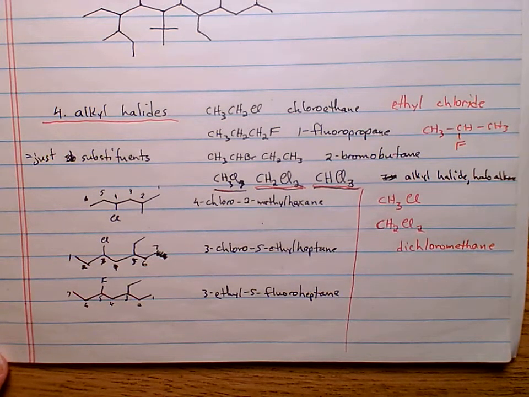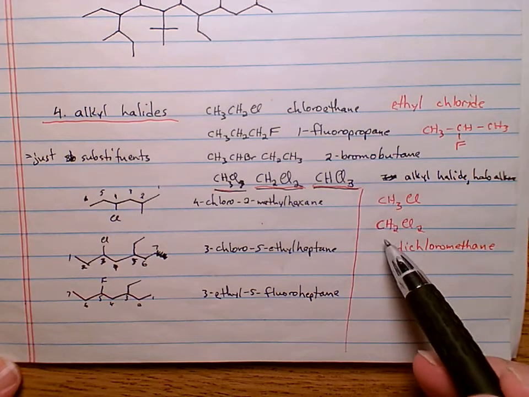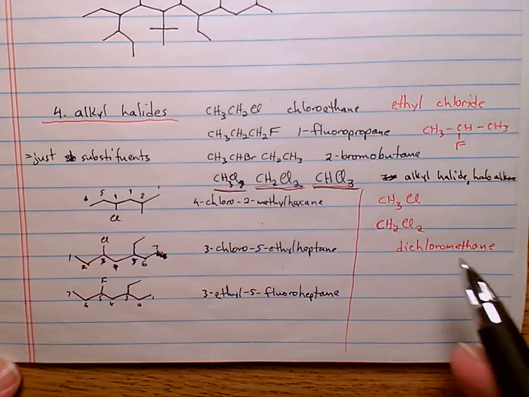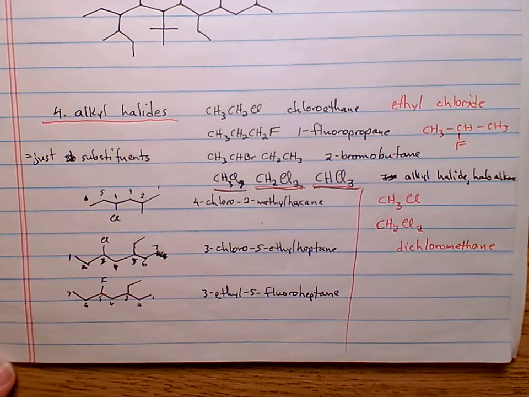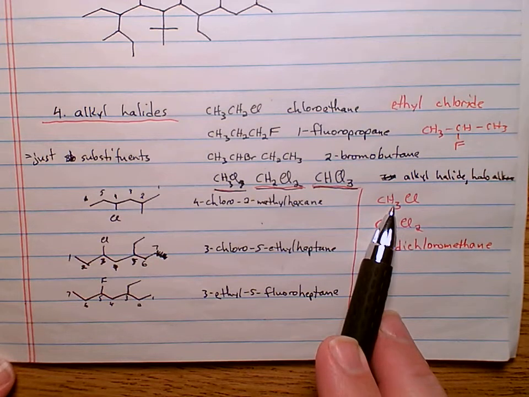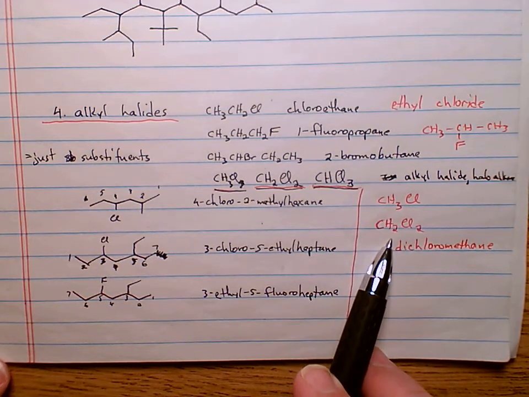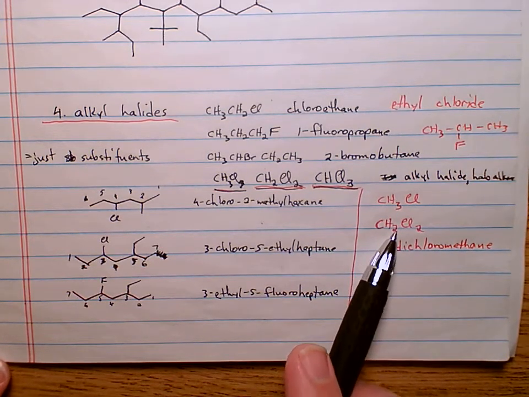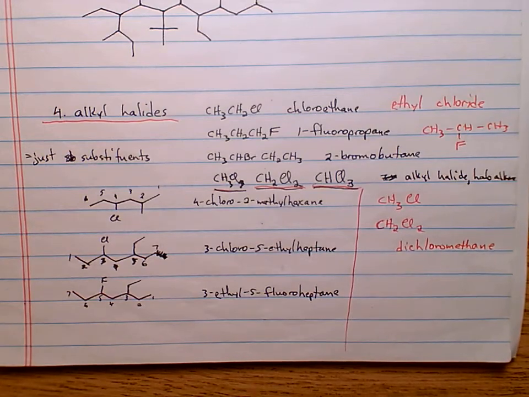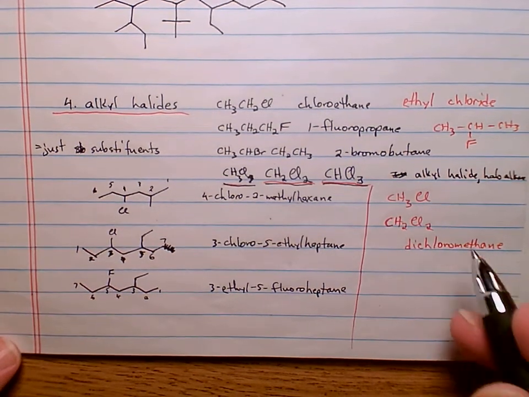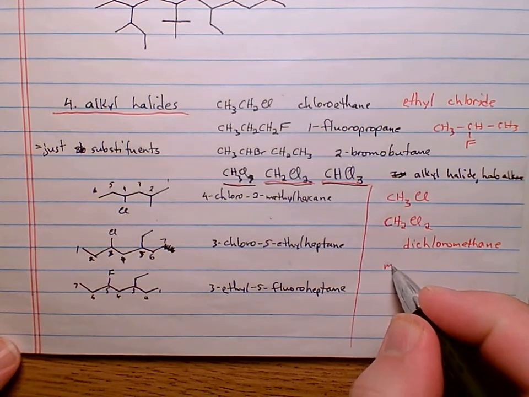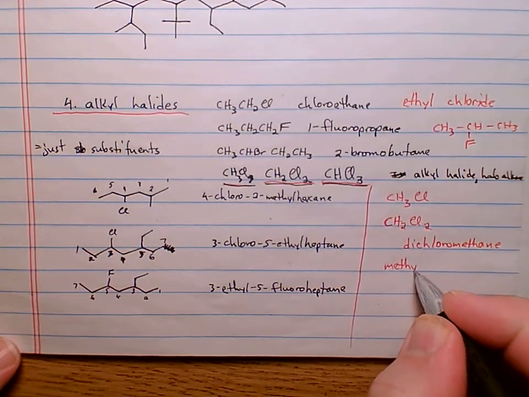The common name for this, in common usage, the CH2 group is called a methylene group. CH3 is methyl, CH2 is methylene because it's got one less hydrogen. It's leaner, it's skinnier by one hydrogen, so it's methylene.